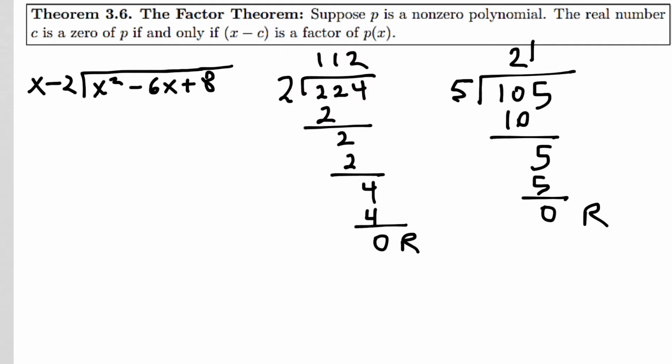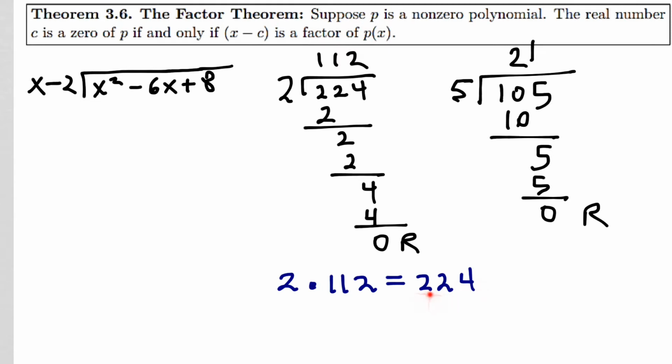And a factor is a number that multiplies by another number to get the number underneath. Okay, so we can see that that's true in this case. If you multiply 2 times 112, 2 times 112 is equal to 224, the dividend. So that means 2 and 112 are factors of 224.